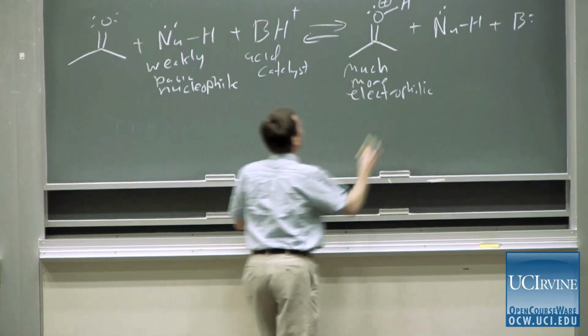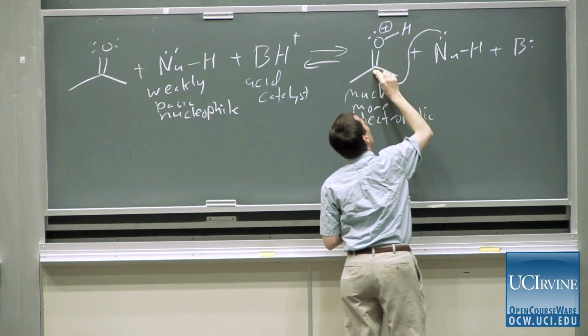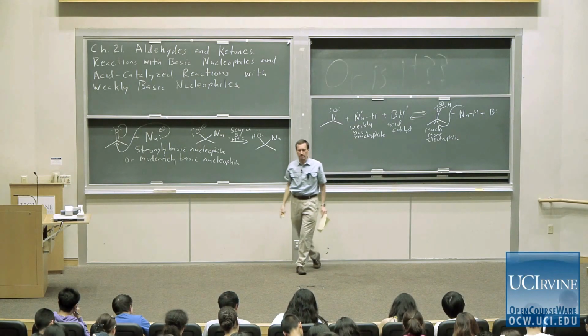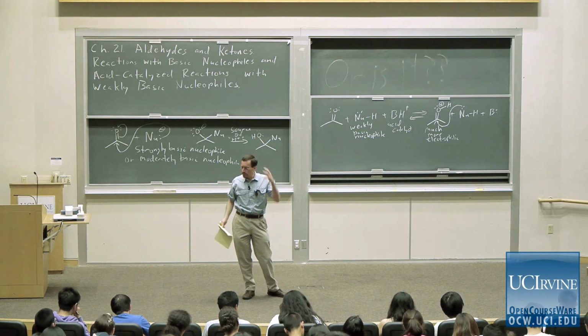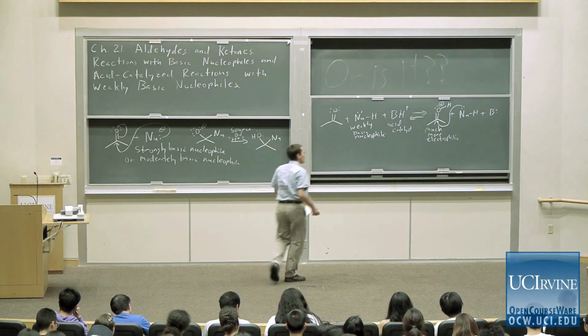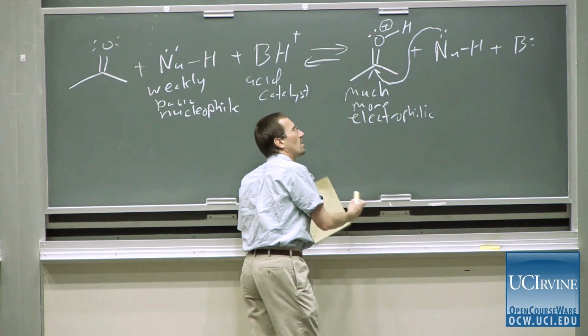And so we can envision electrons flowing from the nucleophile to the carbonyl carbon, the protonated carbonyl compound, just as they did before. But the difference is it's a lot more electrophilic. And again, just as before, we can't have 10 electrons around a carbon.